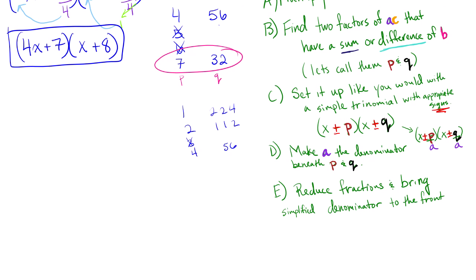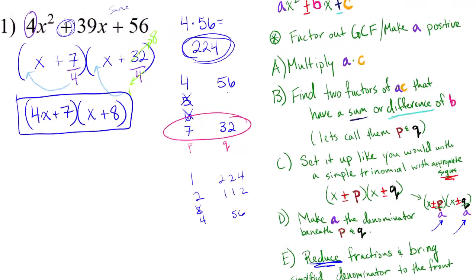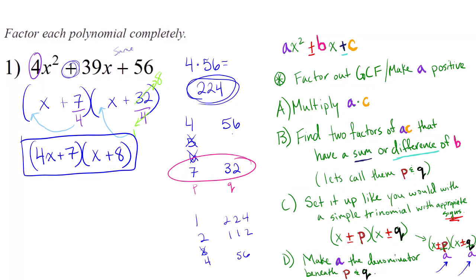Sign of the bigger number is the sign of B. The sign of C tells you if the signs are the same or different, okay? But then the two funky steps here at the end are where you put A in the denominator, and then you reduce the fractions, and then you bring the simplified denominator to the front. Okay, only after you simplify it, you bring it to the front. All right. Cool. So we'll do some more examples, and hopefully this will make a lot more sense as we go. Okay.